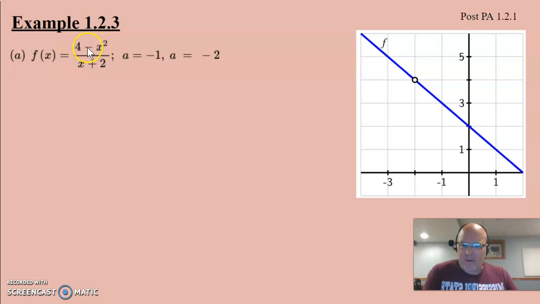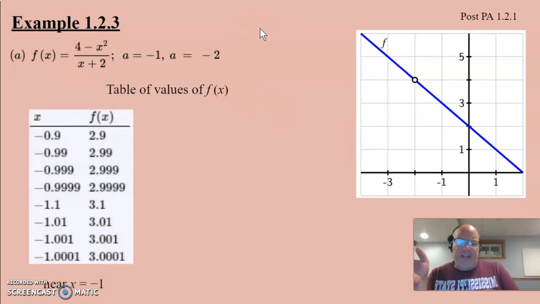And when we factor the numerator and go through all that rigmarole, we find that there's going to be a common factor of x plus 2 in the numerator and denominator, which tells us that there's a hole in the graph at -2. So that's why the graph of f of x looks like this. So we'll just keep that in the back of our mind. But it specifically asks us to use a table of values to do this.